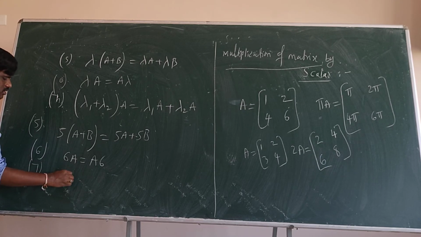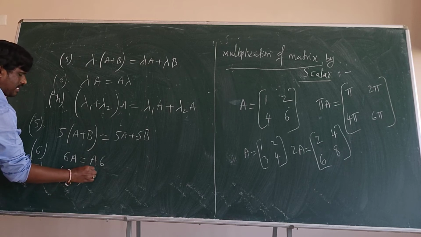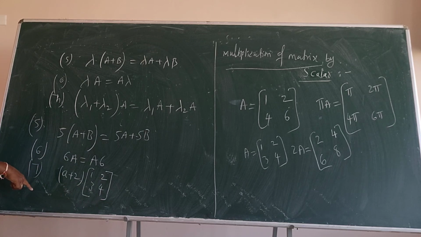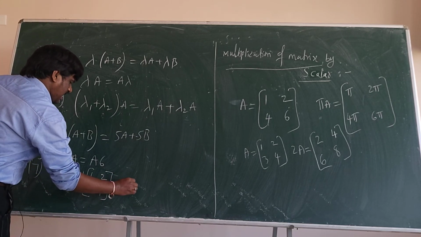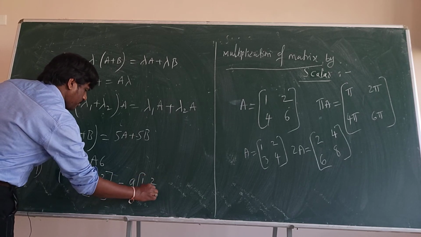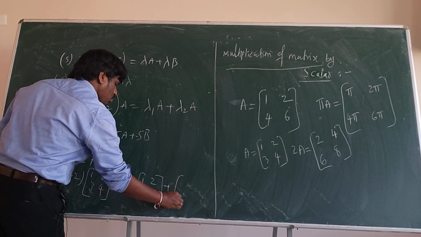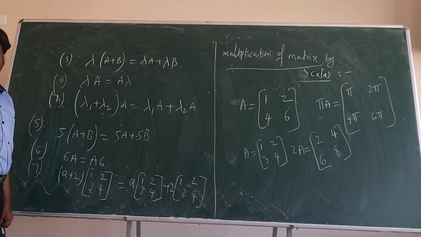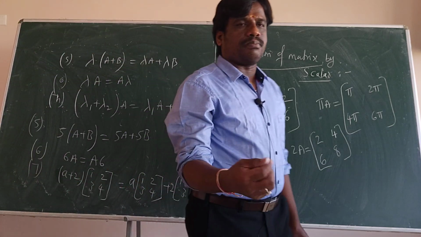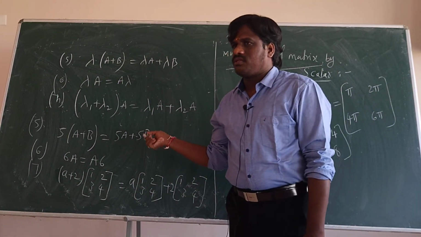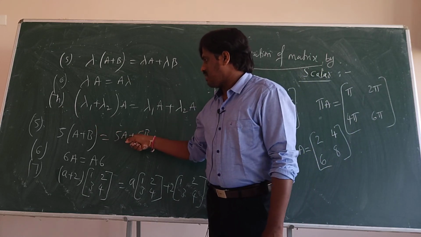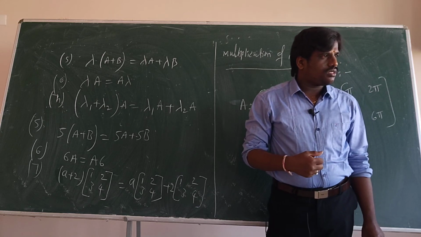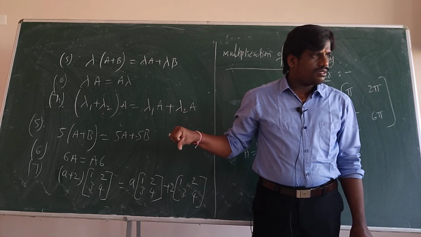Suppose I say A plus 2, I am multiplying with the 1 2 3 4 matrix. This result will be equal to A into 1 2 3 4 plus 2 into 1 2 3 4. Means we can separate like this. So these are the properties of matrix addition. 5 of A plus B is equal to 5A plus 5B. Are you getting it?